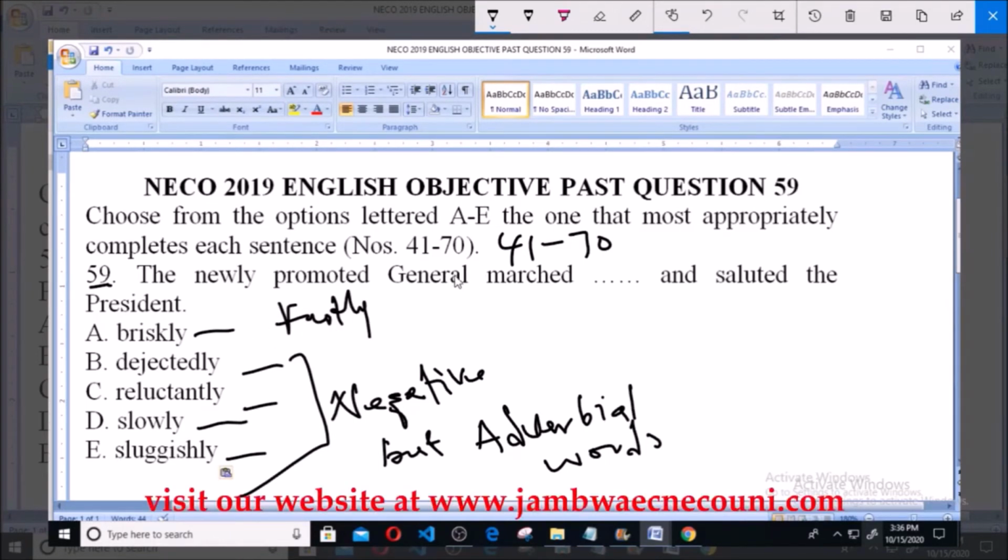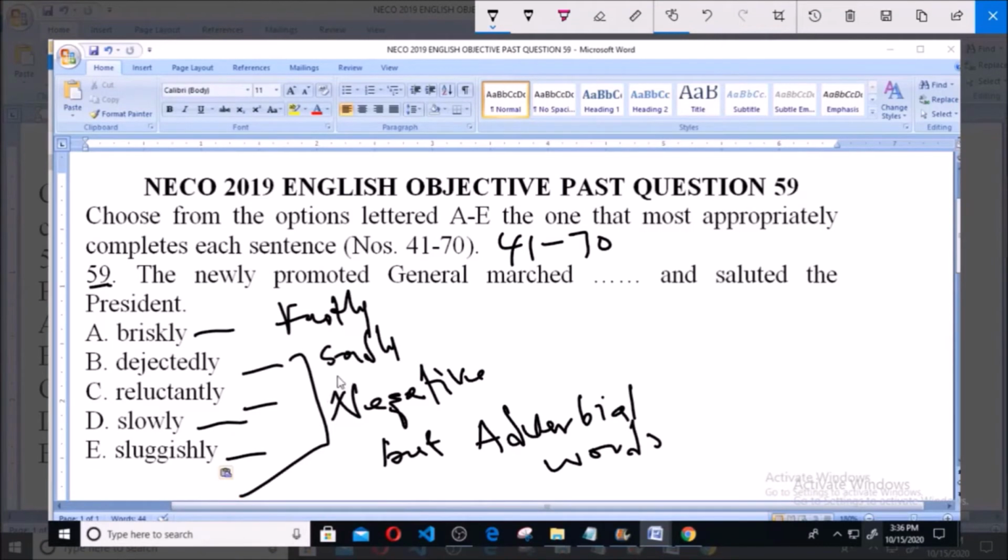The general cannot salute the president dejectedly, because dejectedly means sadly. Reluctantly means without happiness, you just do it. Slowly and sluggishly mean almost the same thing, except briskly, which means fast.